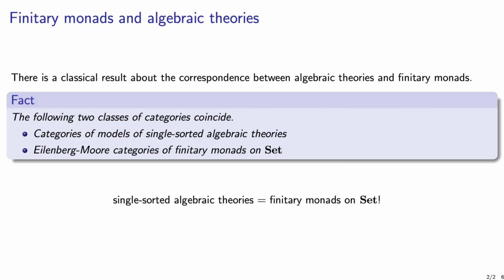A typical example of an algebraic theory is the theory of groups or the theory of rings. Then these models are groups or rings in the usual sense. Algebraic theories are main subjects of research in universal algebra.